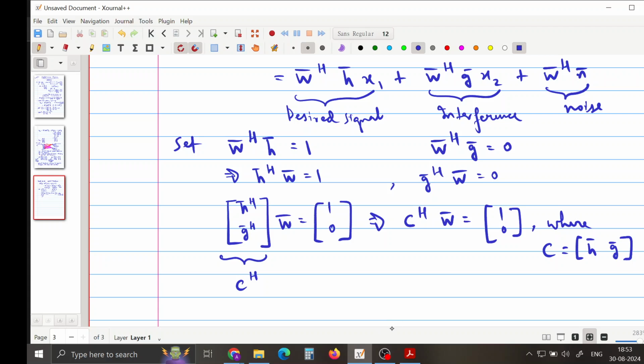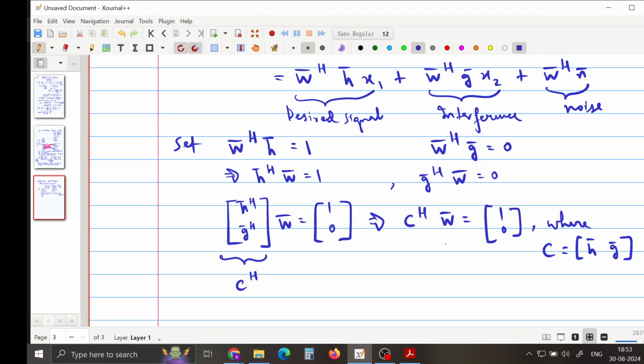We saw that this will be an underdetermined system, because this C matrix, in our case, is a 4x2 matrix, so it is a tall matrix.